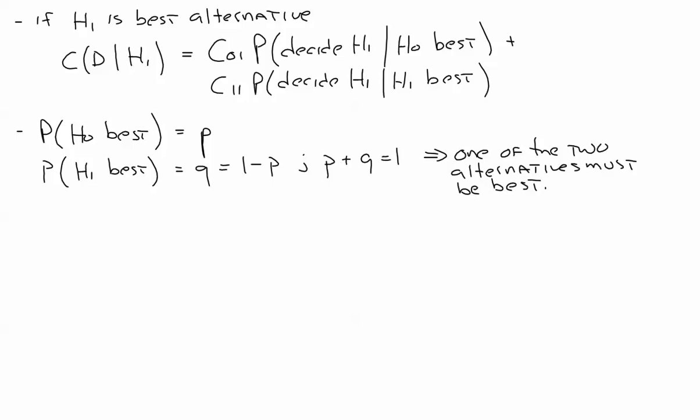Okay, one of the two alternatives must be the best. All right. The overall cost then of making a decision can be written this way.